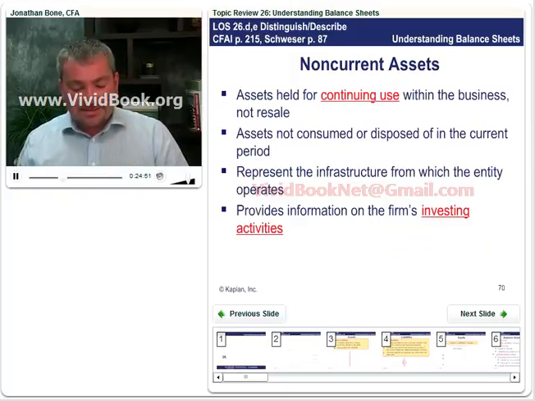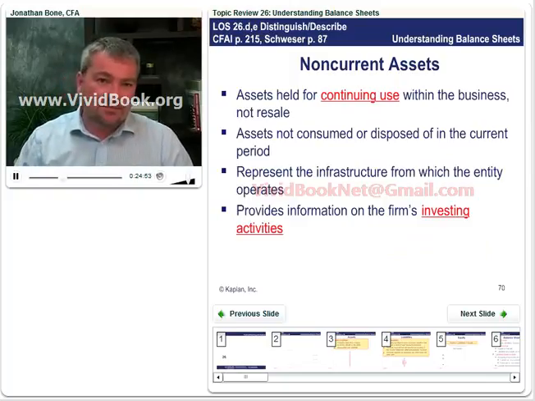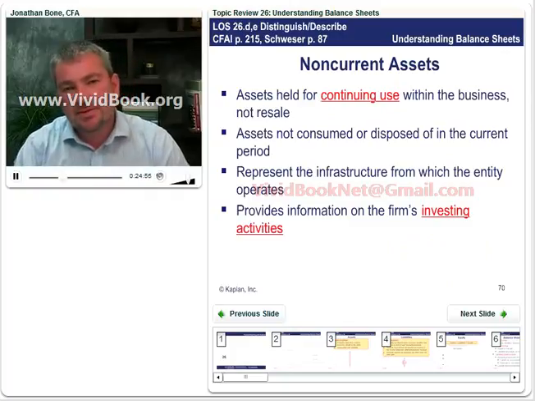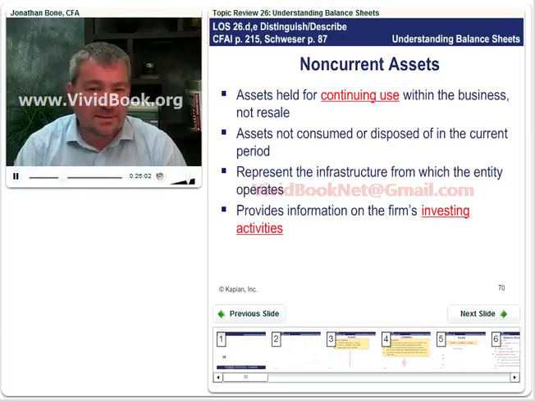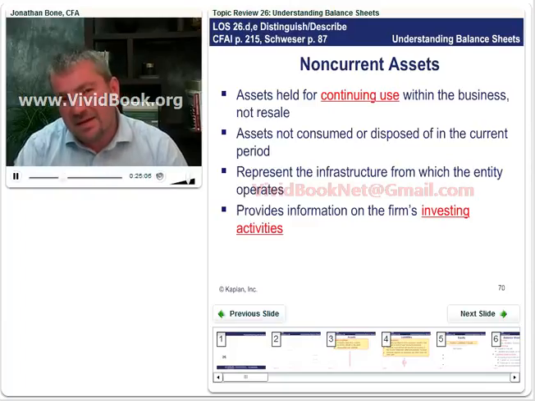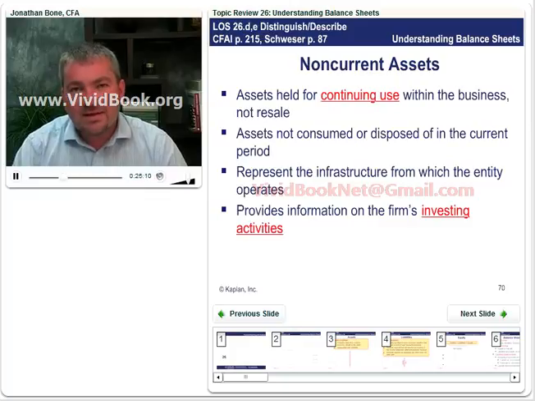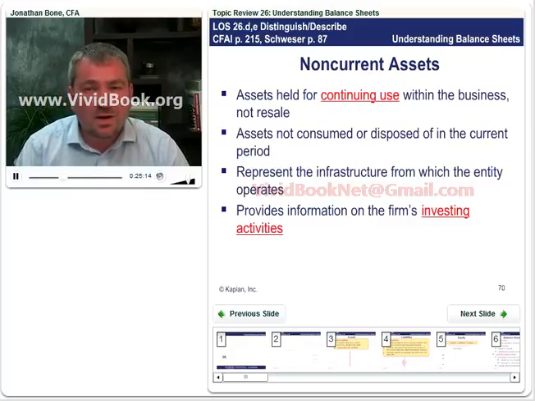Non-current assets. These are essentially our infrastructure which we use to run the business. So these are assets held for continuing use within the business, not resale. Now let's just be a little bit careful here. It doesn't mean that we can't dispose of these assets. All it really means is the intention was that we were going to use them to run our business rather than dispose of them.